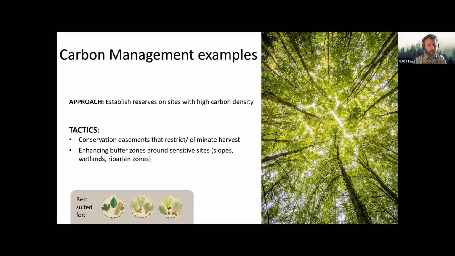There is some fairly clear science to support the benefits of this, particularly in places that have, again, that lower vulnerability. We're not as concerned about forest health issues and carbon losses. So again, suitable for certain forest types. Really, that's just depending upon your site conditions and your level of risk and your tolerance of that risk.